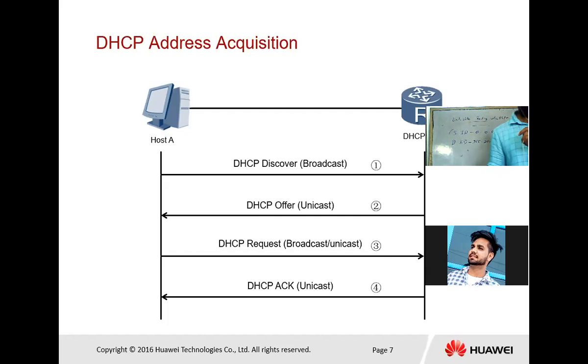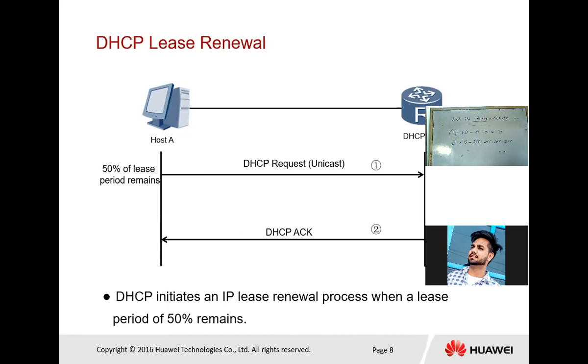So next we have DHCP lease renewal. How is the lease renewed? Suppose host A asks for an extension of the network, because the release time is 24 hours. If the DHCP server does not reply, host A waits for another half time, because after half the time it sends a request saying my half time is over, I need the lease renewal.